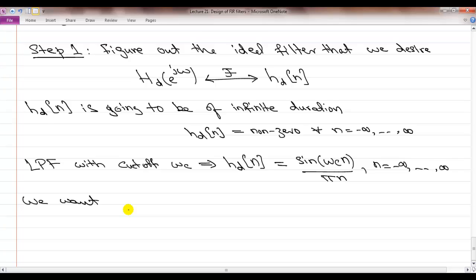Now we are interested in an FIR filter, and we want a systematic framework for getting from this desired impulse response to an FIR impulse response.